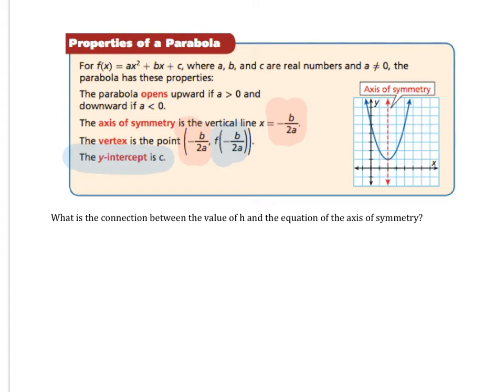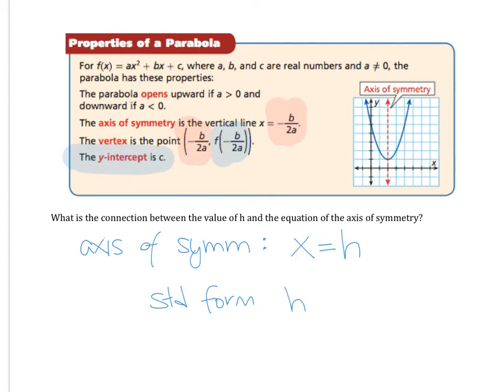The axis of symmetry is going to be x equals h. And remember, standard form, if you write it, it will become habit. It's the opposite of b over 2a.